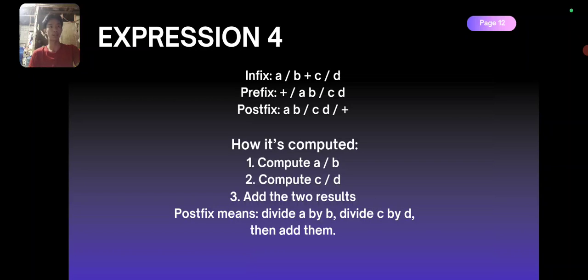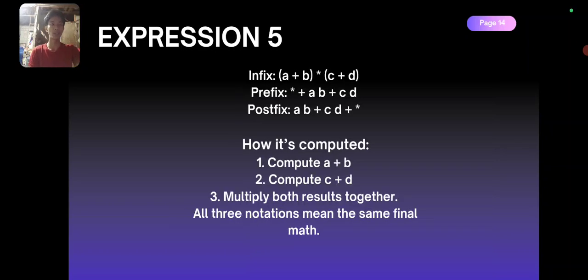In expression 4, we have a divided by b plus c divided by d. I compute a divided by b first, then compute c divided by d, then add the two results. In postfix and prefix, it is just the same. Divide a and b, divide c and d, then add the two results.